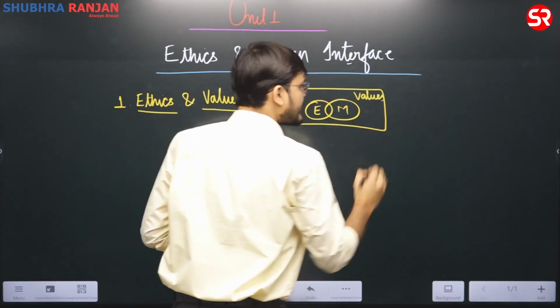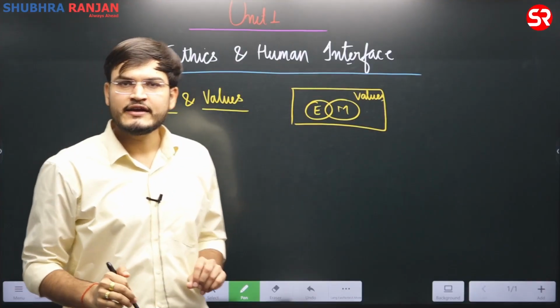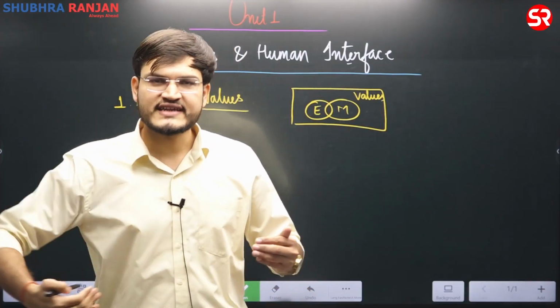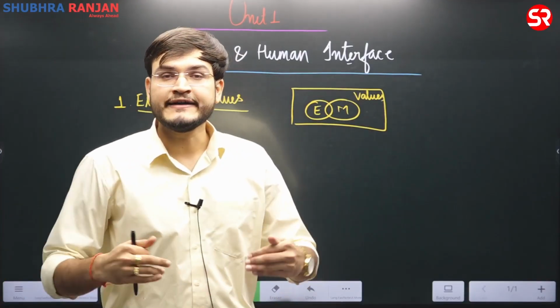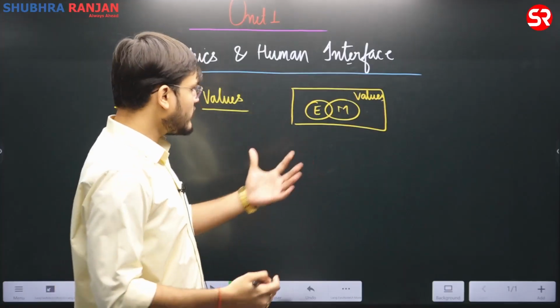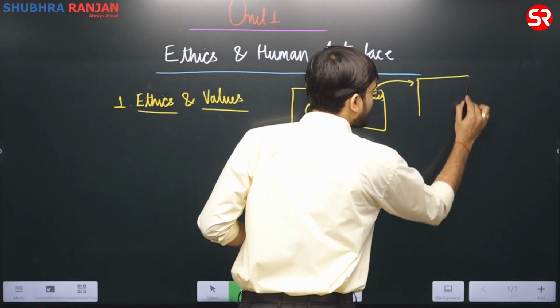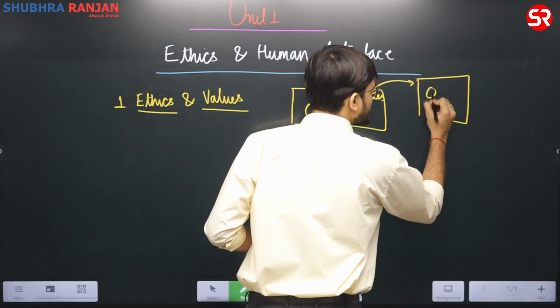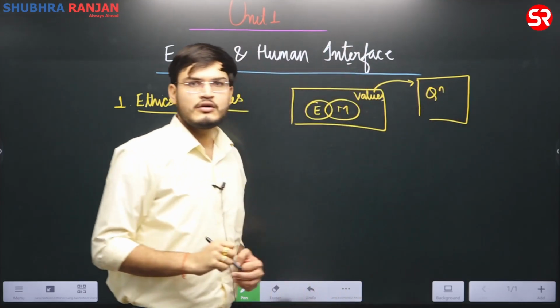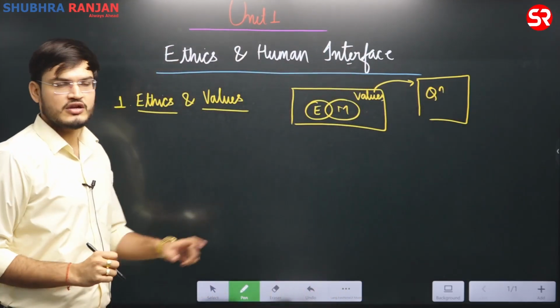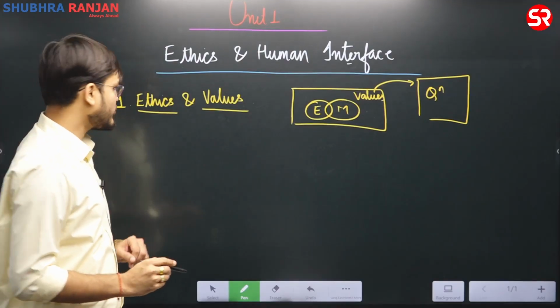But people make a mistake: they make these diagrams but never contextualize them in terms of what is being asked. So always try to contextualize all of those aspects to what is being asked in the question. You should do that.